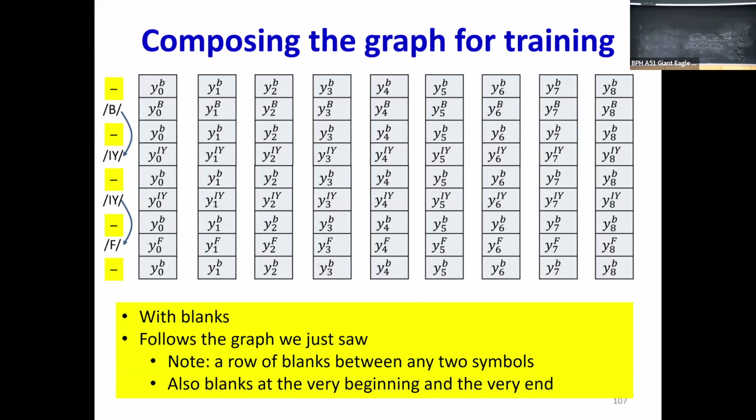If I don't have a dash between these two, this is going to collapse to a single E, so I'm not allowed this arrow. That makes sense to everybody? Right? And so, if you look at this table, the reduced table is going to represent this sequence. I can also have a blank at the beginning and the end, right? And so the reduced table is going to look like, B phi, or in this case B, E, E, F, I can also have a blank at the beginning, which is optional.